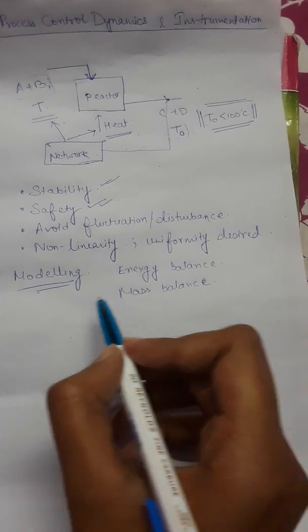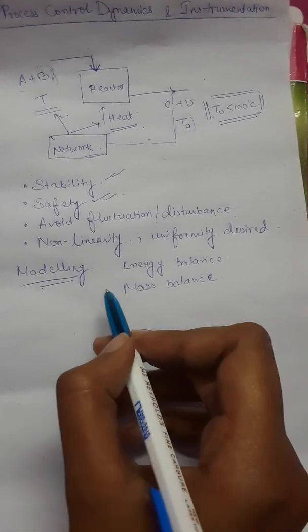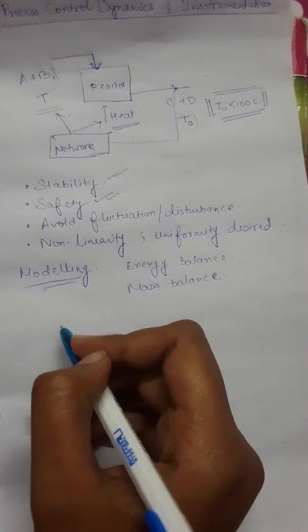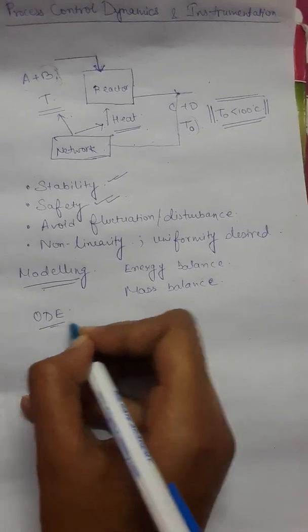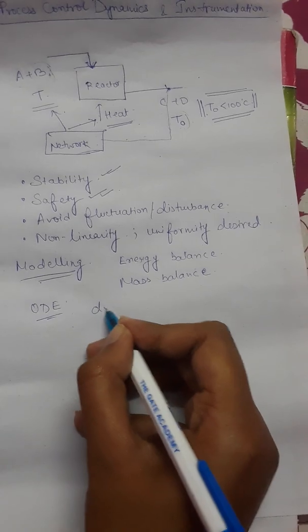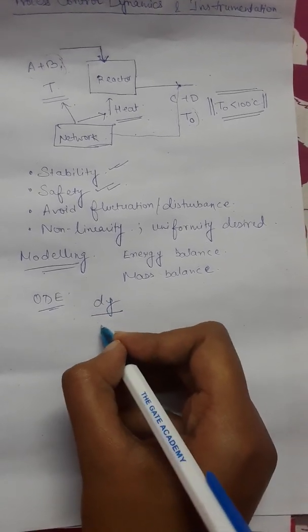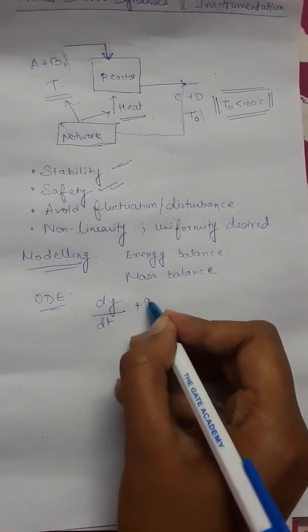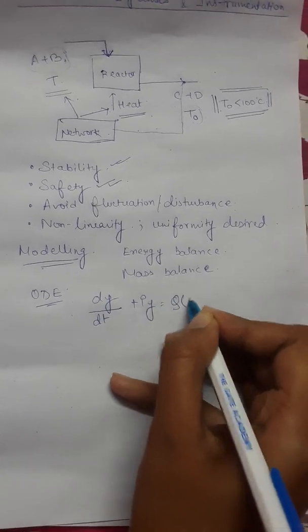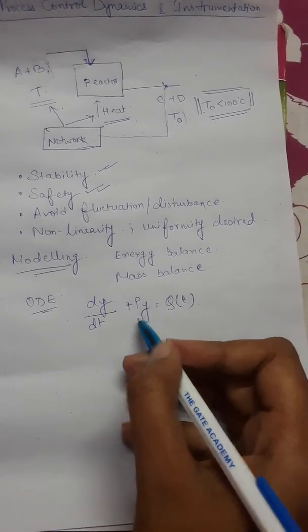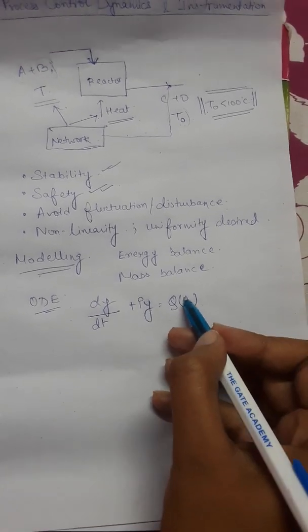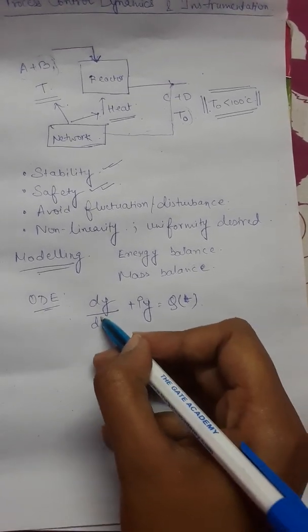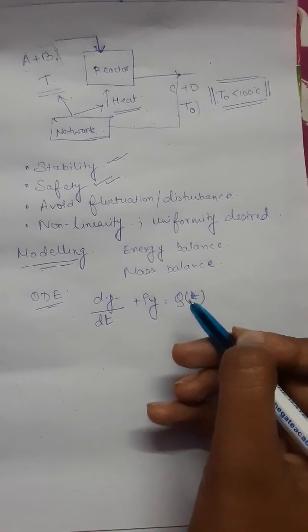Now, most of these process control related problems are represented by ordinary differential equations. Ordinary differential equations are in the form as given here. So this y is our output parameter, and t is with respect to time or some other constraint.